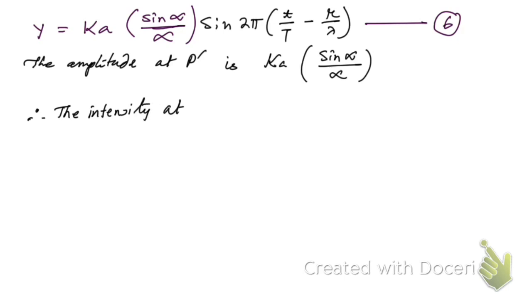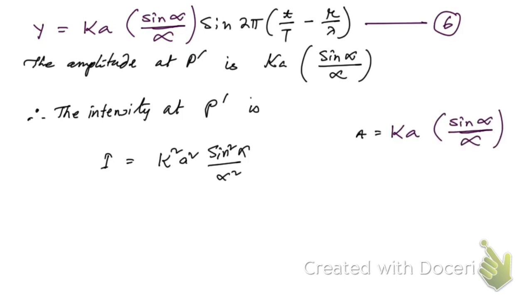So therefore the intensity at P dash will be given by the square of this, okay, K square A square, then sine square alpha by alpha square. Let me explain how. Now you see, this is the resultant amplitude.